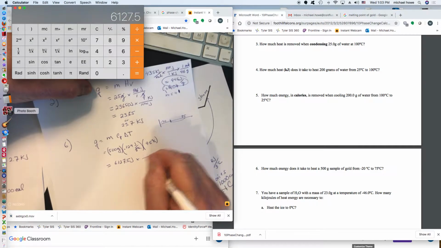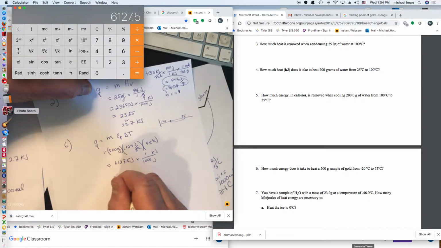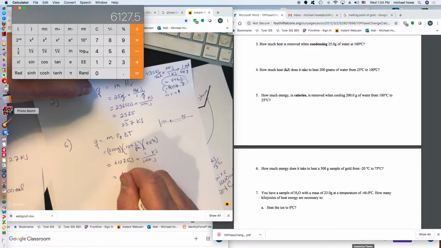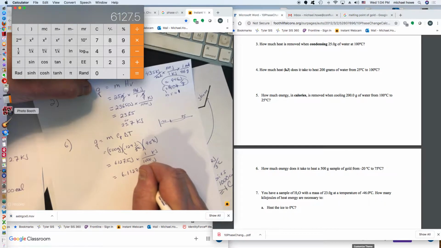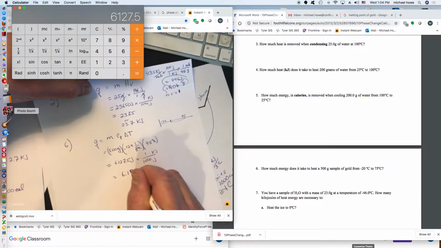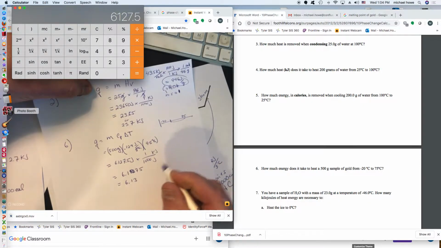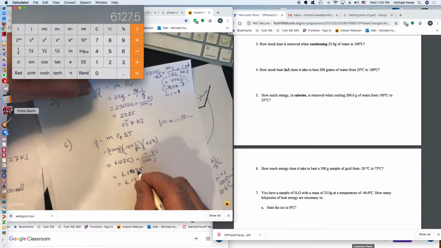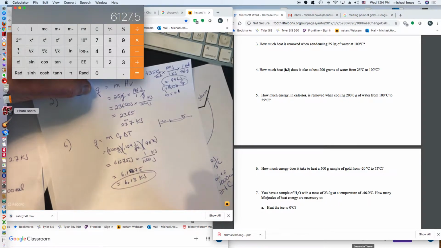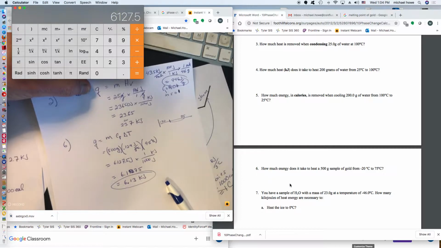If I wanted to change that to kilojoules, I'd divide by 1,000, so you'd have 6.1275, which I'm just going to round off to 6.13, because that 2 is followed by a 7, so 6.13 kilojoules. All right, so that was number 6.